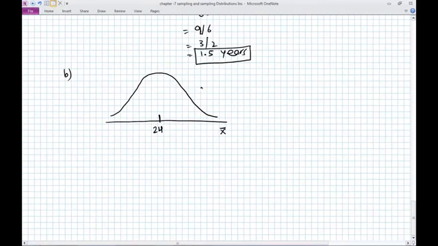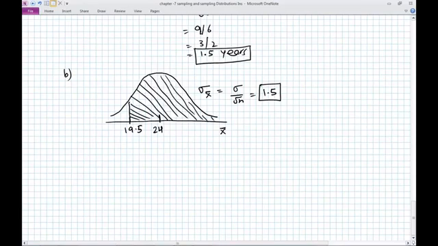Because this is x bar, we have to use sigma of x bar here, which is sigma over square root of n, and this is 1.5. And the question is, what is the chance that it will be more than 19.5? 19.5 is somewhere here, and more than that means this area.